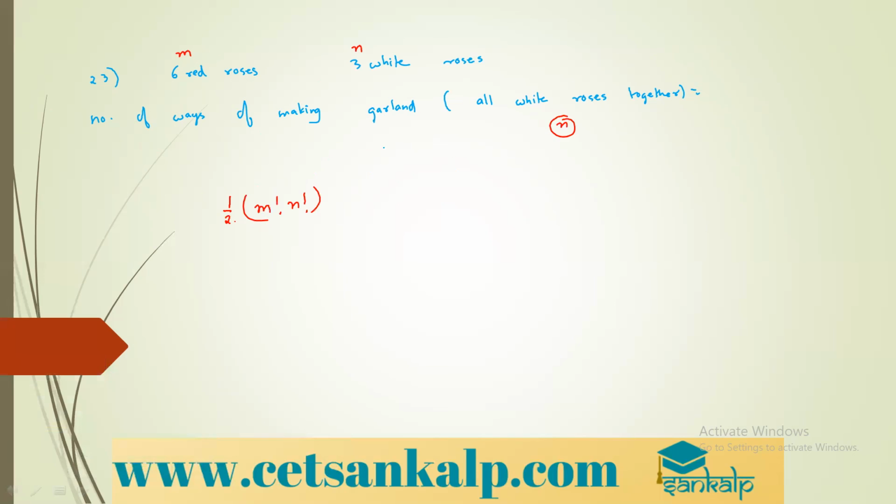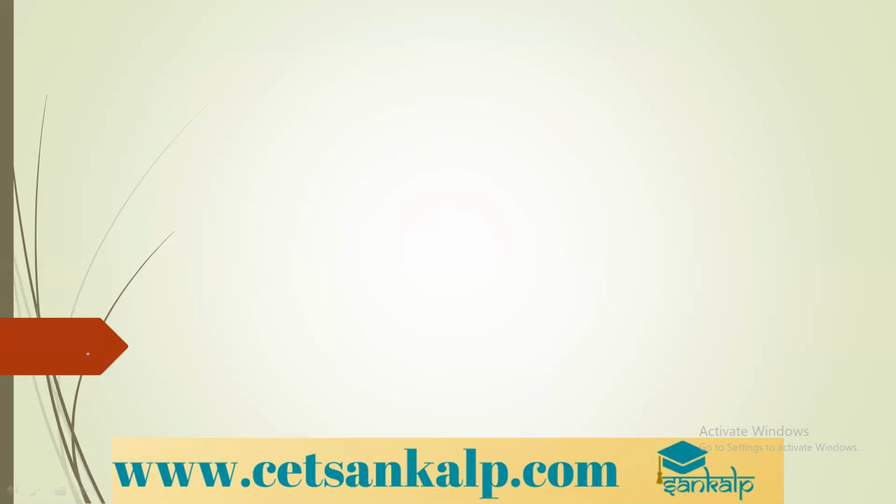So the answer will be half into 6 factorial into 3 factorial. Half into 6 factorial is 720, 3 factorial is 6, and so I will get 2160 ways of making the garland.